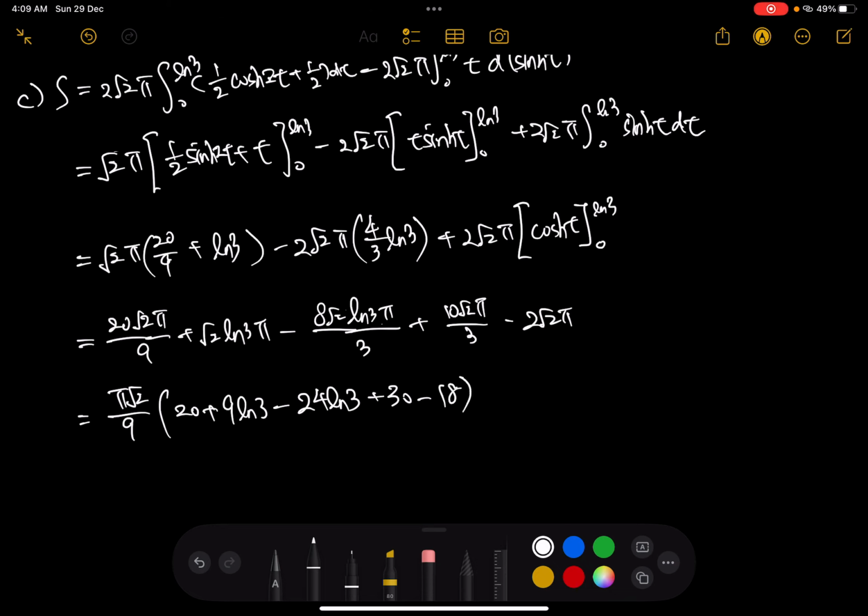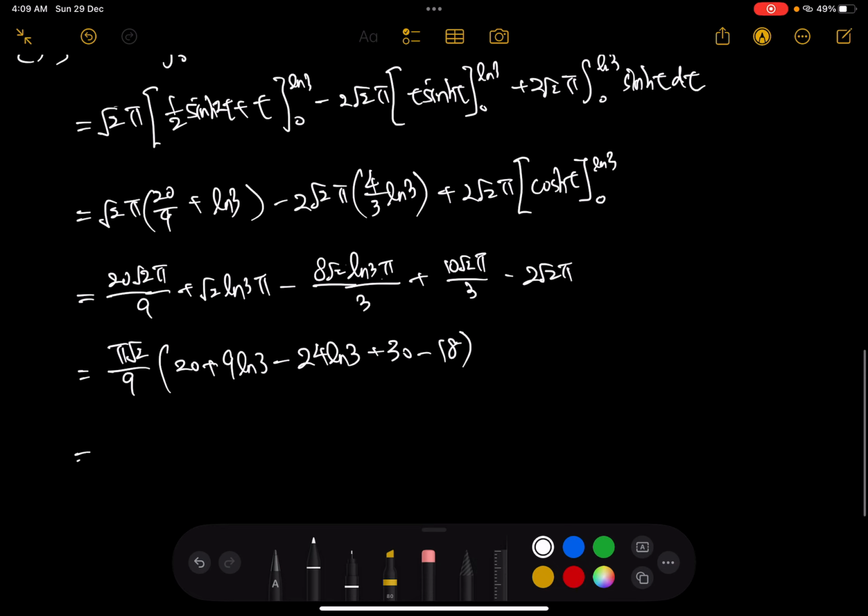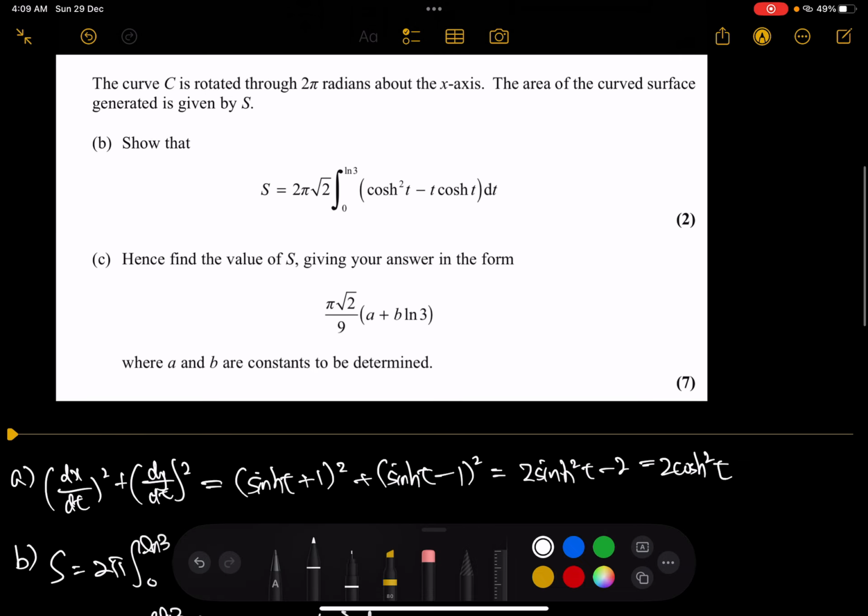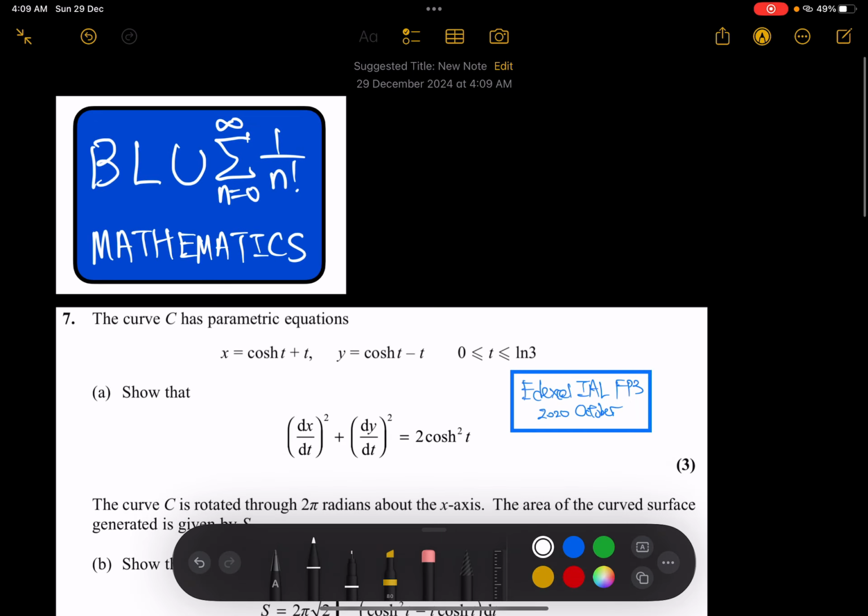So we have 20 plus 30 minus 18, that should be 32. 32 minus 9 minus 24 should be negative 15. And let's see if this is a positive number. And that should be a positive number, so I think we got the answer, and that's it for this easy calculus question.